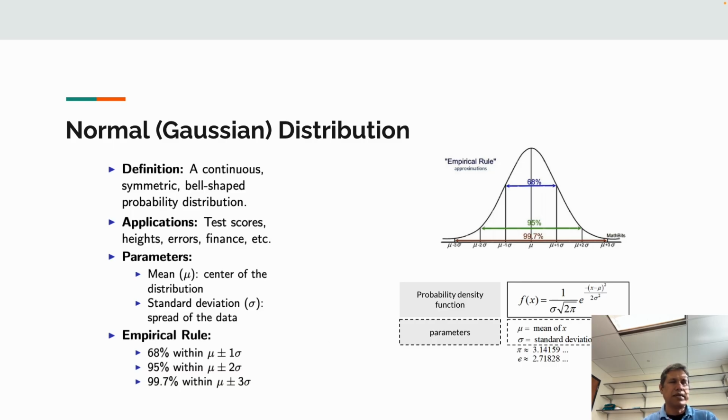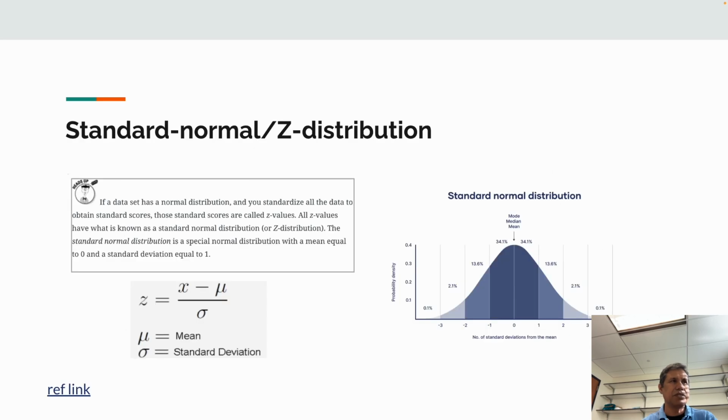Then there is a natural form of this distribution, the same distribution, but we center the mean at 0 and make the standard deviation 1. How can you do that? Using this formula. You have a random variable x.